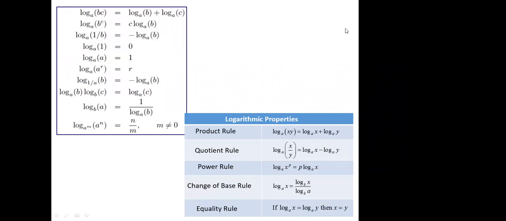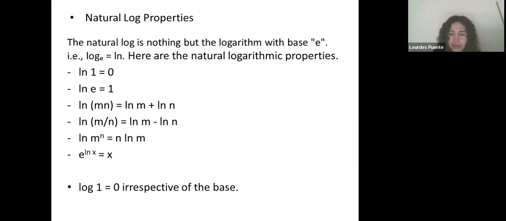I guess these rules are easy to remember. When you have a product, you use the plus sign. When you have division, you use the minus sign. If it's a power, it goes up front, and so on. Are there any questions until now? I guess not. Everything is clear, guys.